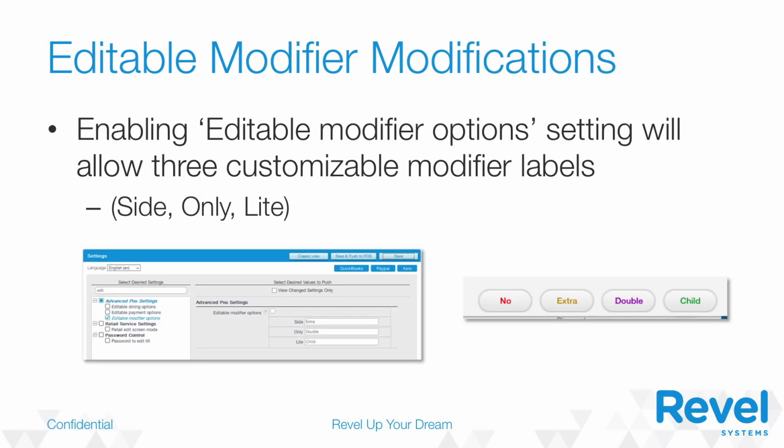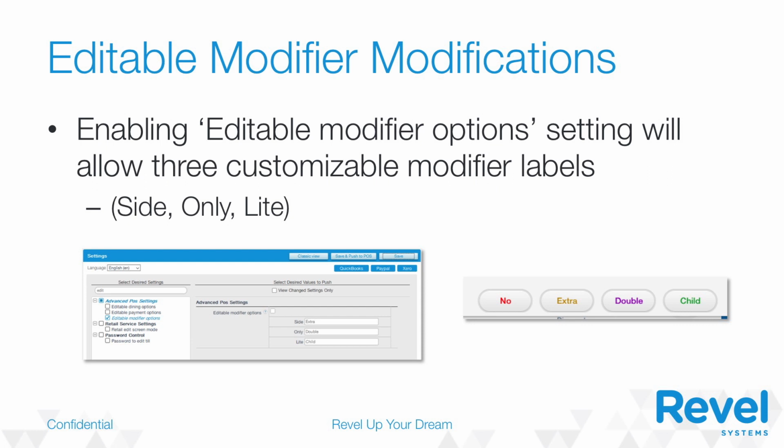This one is also really cool for our quick service and table service. We now enable editable modifier options on the POS. So usually, if you're looking at the modifier screen, you'll see no, side, only, and light.